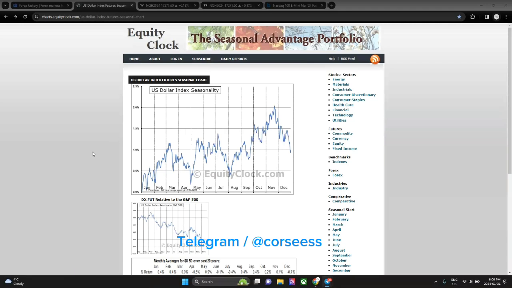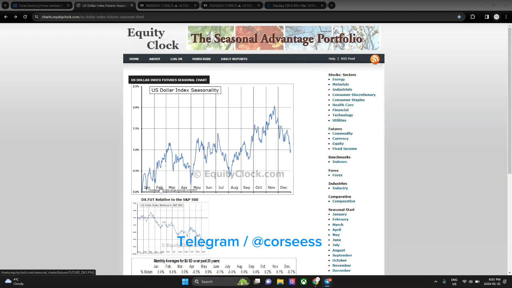So, in regard to any index, if it's the S&P 500, the Nasdaq, then I still use the US dollar, right? The reason why I use the US dollar is because it gives me a better reading for price than using the actual seasonal tendency. I do use them, but just secondhand, right?